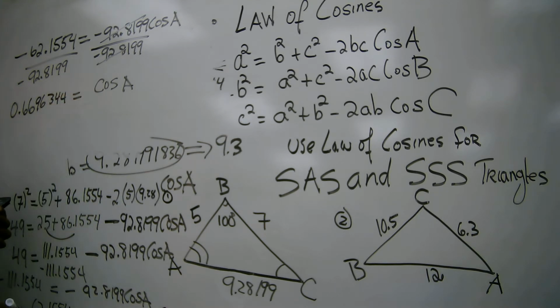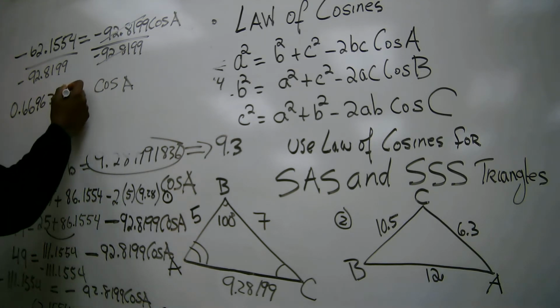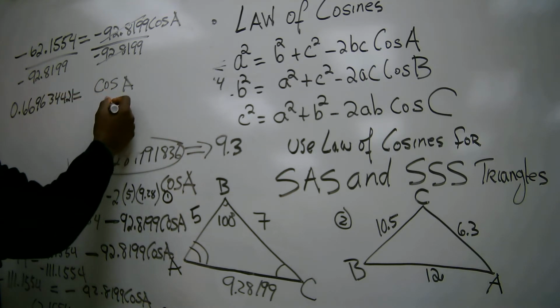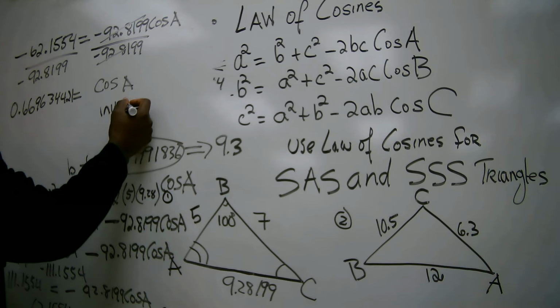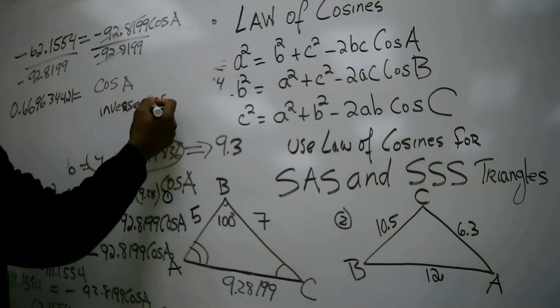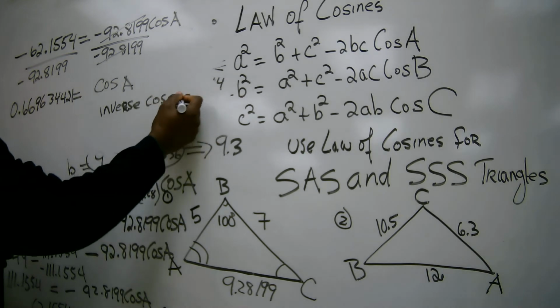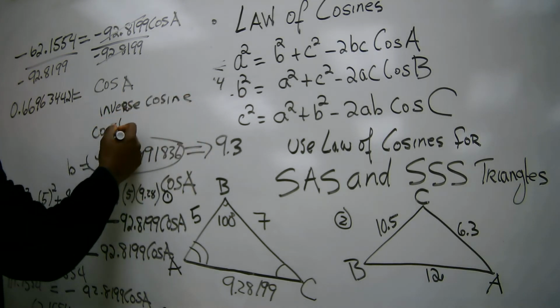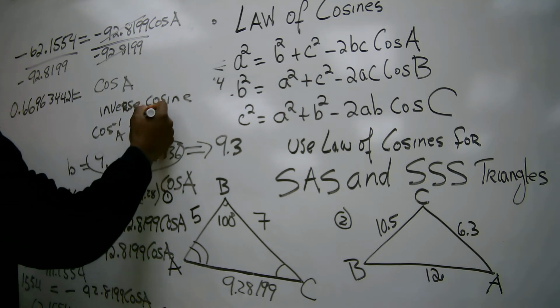Then since you want the angle, you cannot just do cosine, you do inverse cosine. Change it to negative 1 power, cosine to the negative 1. Alright, and you enter this number in your calculator.